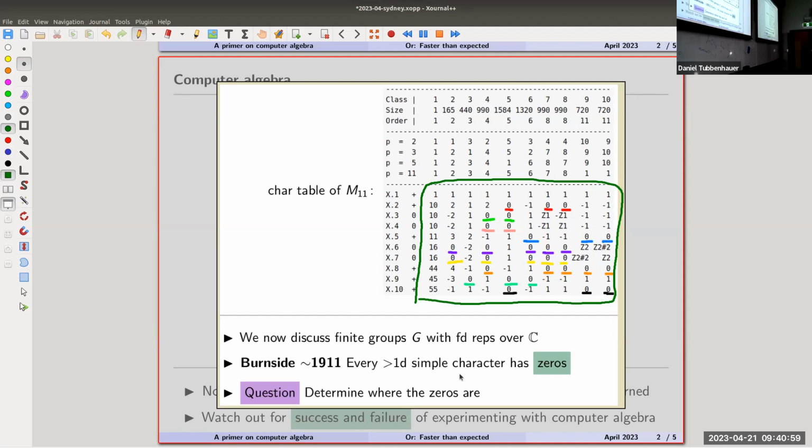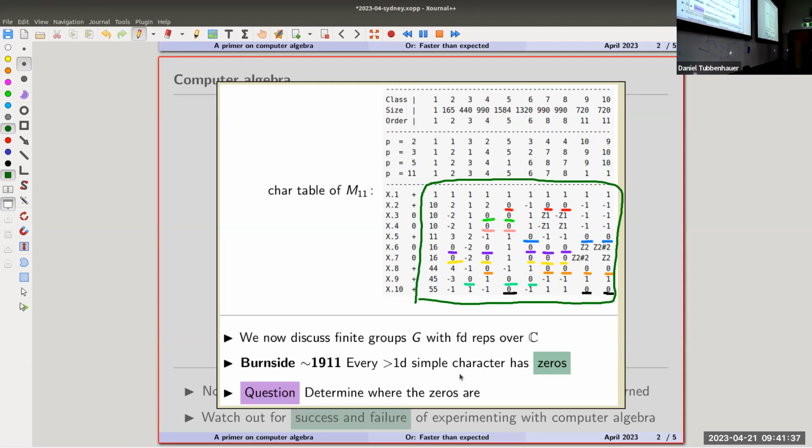And there's a famous theorem, which you can find, for example, in Isaacs's book, that every character of degree bigger than 1 has zeros in its row, and I mark them for you in color. In every row except the first one, the first one being the linear characters, the one-dimensional characters, cannot have trace 0. Group elements are invertible, so they can't act as 0. But if you have a bigger matrix, you can easily have an invertible matrix with trace 0.